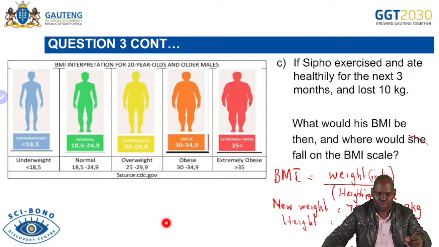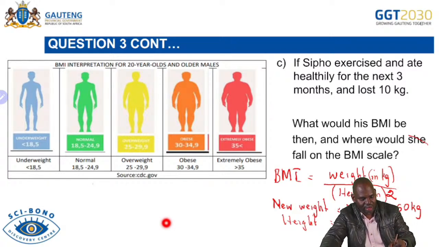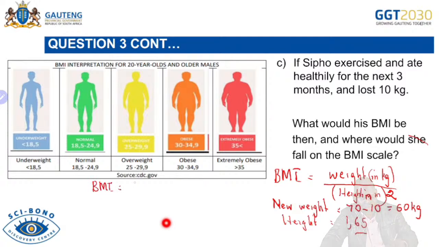Then we do the substitution. BMI is now 60 divided by 1.65, and then we square it.